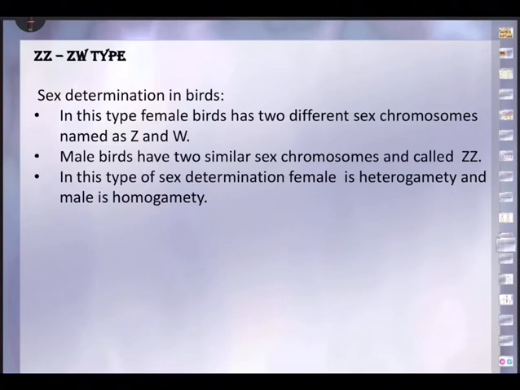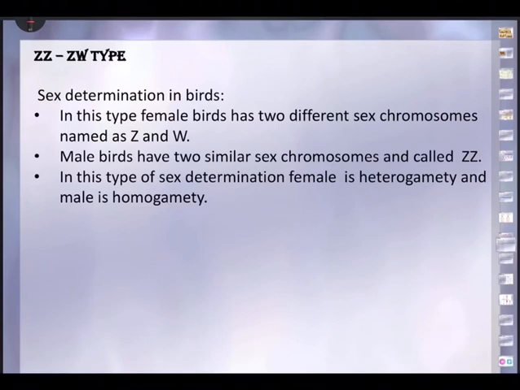In case of birds, sex determination in birds is just quite opposite. That is, the female will be having the different types of chromosomes. That is Z and W. Whereas the male has got same type of sex chromosomes, that is ZZ. What about in insects and mammals?